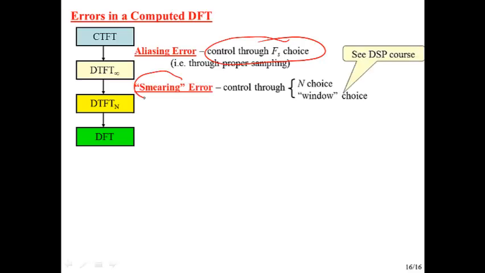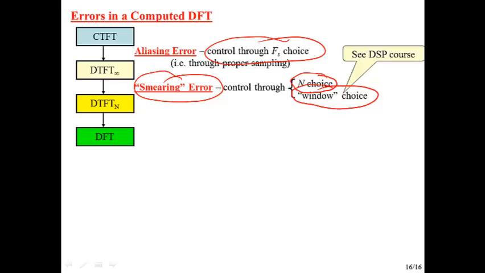There is the smearing error from collecting a finite number of data points. We can control that by trying to collect more data, and we can also control that through the choice of a so-called window function that we apply after collecting the samples. And in this lecture we're not going to talk any more about that.